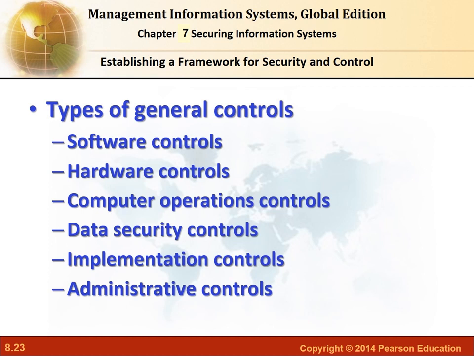General controls govern the design, security, and use of computer programs and the security of data files in general throughout the organization's information technology infrastructure. General controls include software controls, hardware controls, computer operation controls, data security controls, controls over the system's implementation process, and administrative controls.